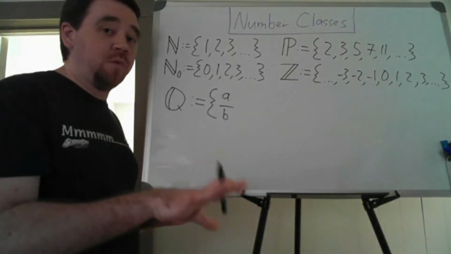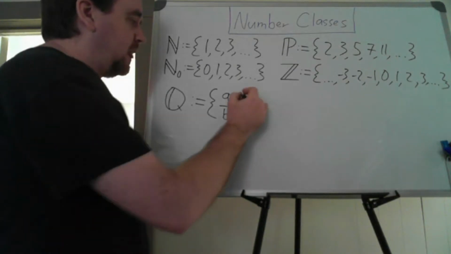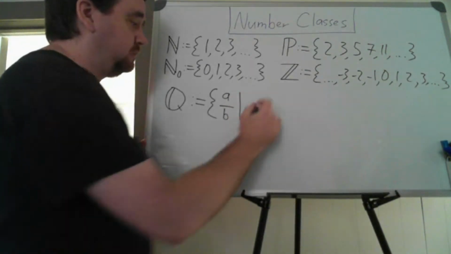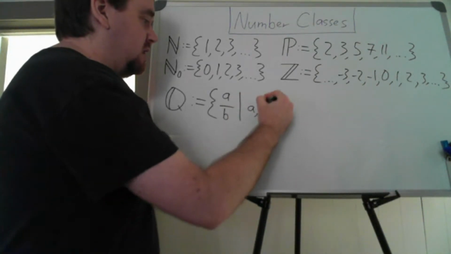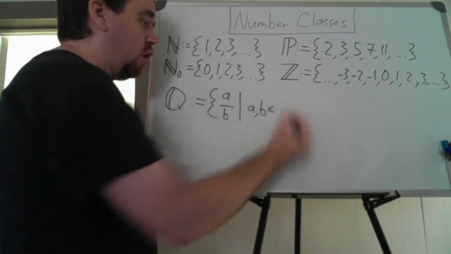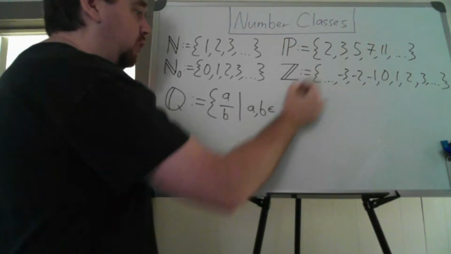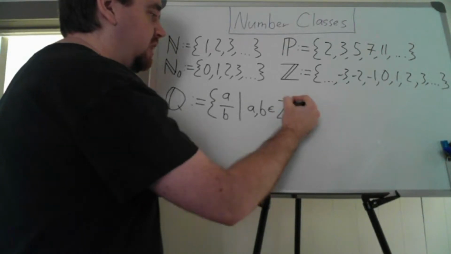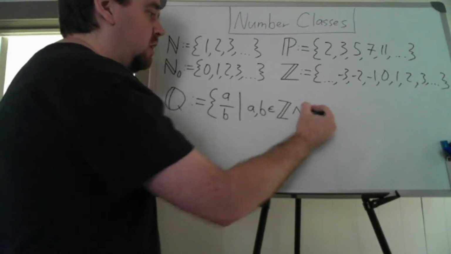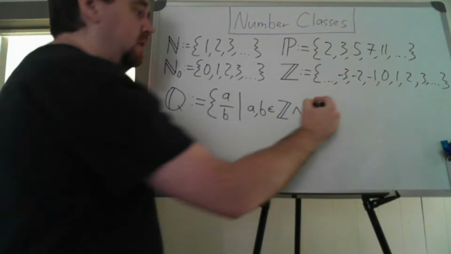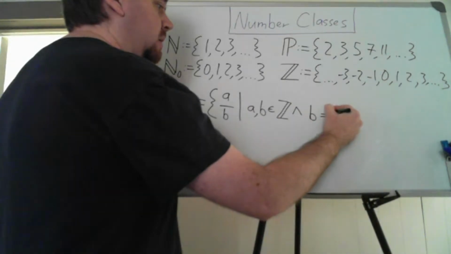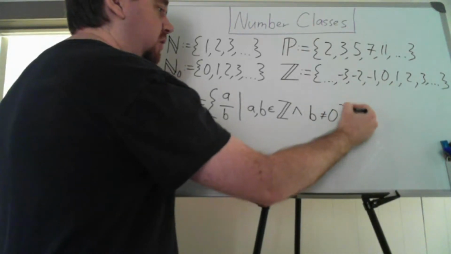It's not going to be as bad as it was with the primes. That was mostly for fun. Such that A and B are elements of, or come from, the set of integers, and B does not equal 0.